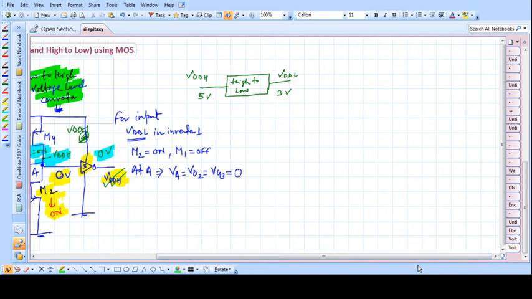For the high to low converter, what we are doing is, suppose we are giving 5 volt, we are getting 3 volt. So we have to give the high value of input, and we are getting the low value of voltage output. So how can it be achieved?